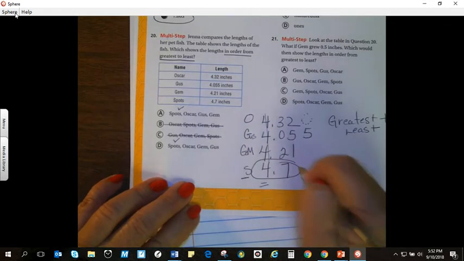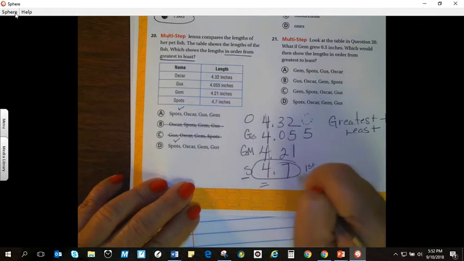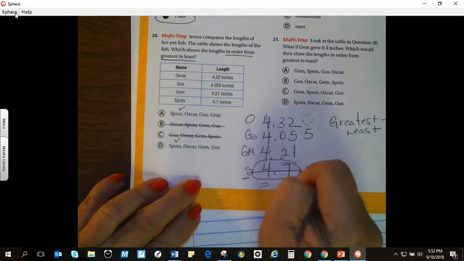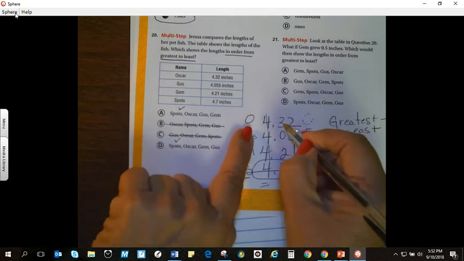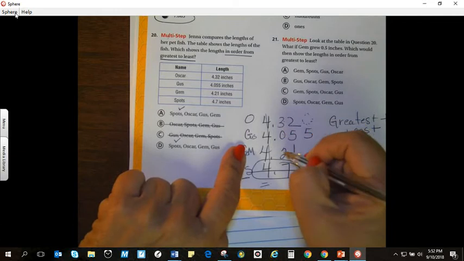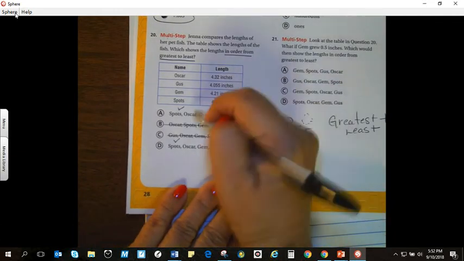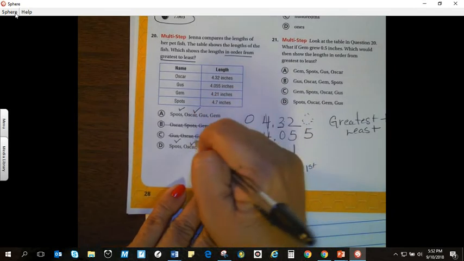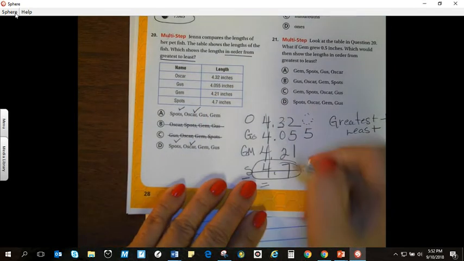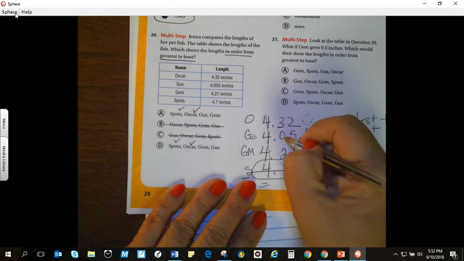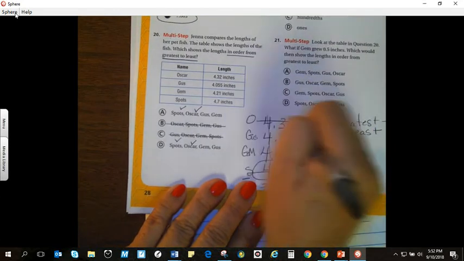So this was first, and I'm done. My next one, look at that. It's Oscar, because it's 3, 0, and 2. 3 is my next largest number. And so here's Oscar here, and here's Oscar there. So I have to keep going. My next largest number, so I'm done here. That was second.